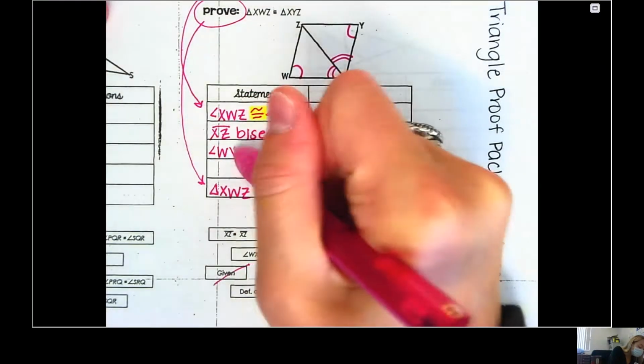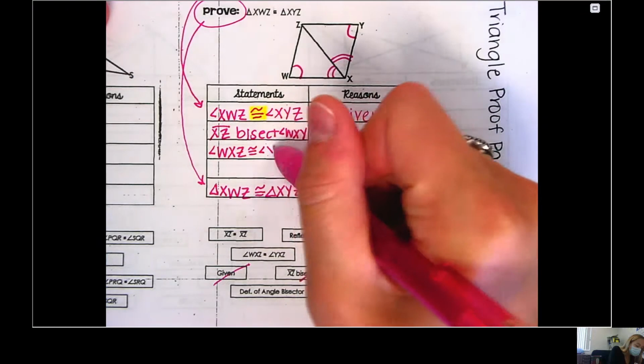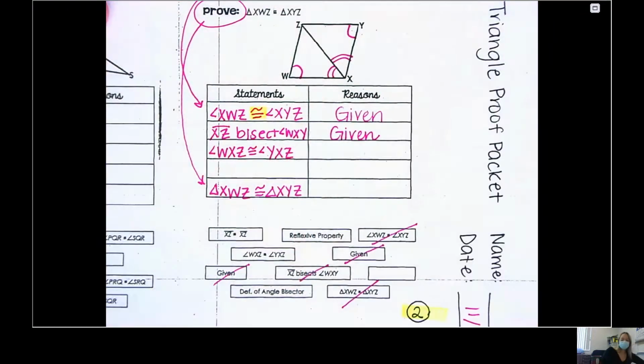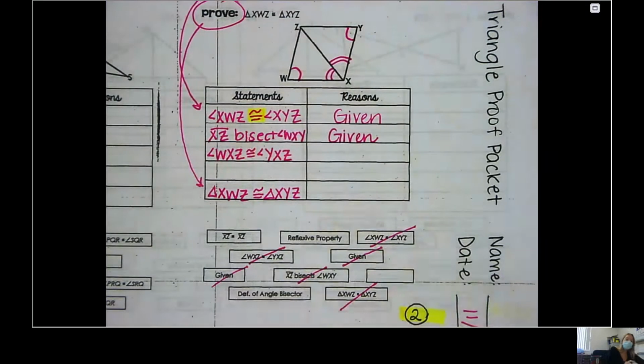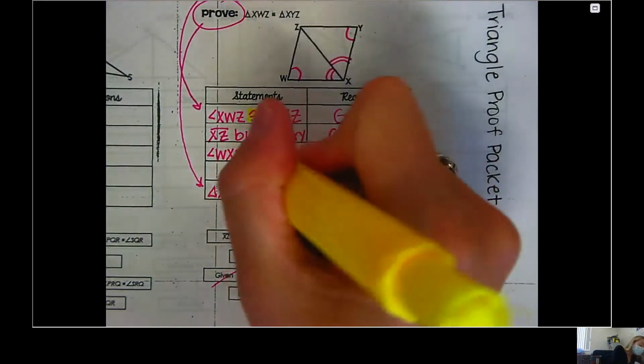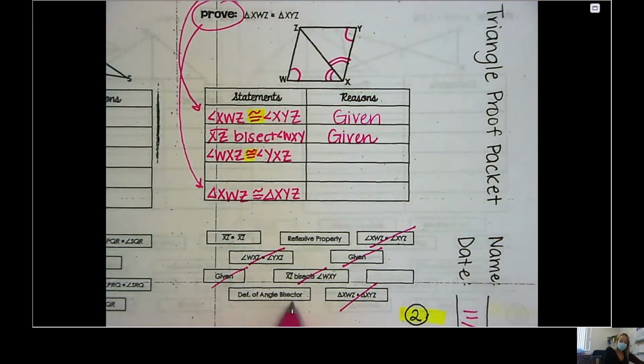So my next statement is angle WXZ is congruent to angle YXZ. What word gave that away? How did I know to cut those in half? The word bisector. Yeah, I used the definition of bisector.